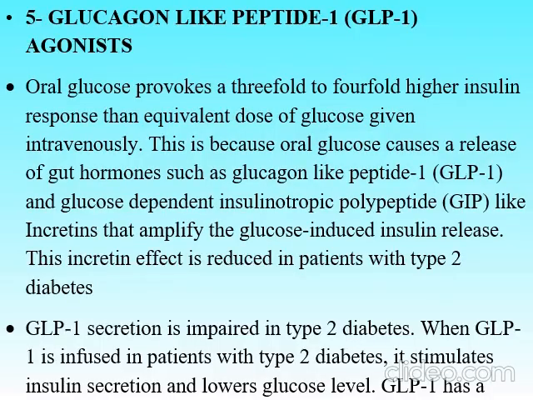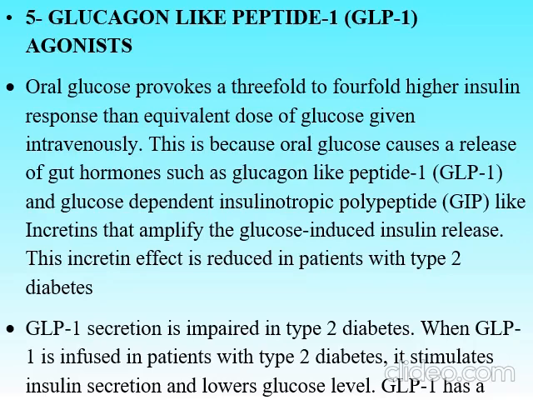Oral glucose produces a 3-fold to 4-fold higher insulin response than an equivalent dose of glucose given intravenously.